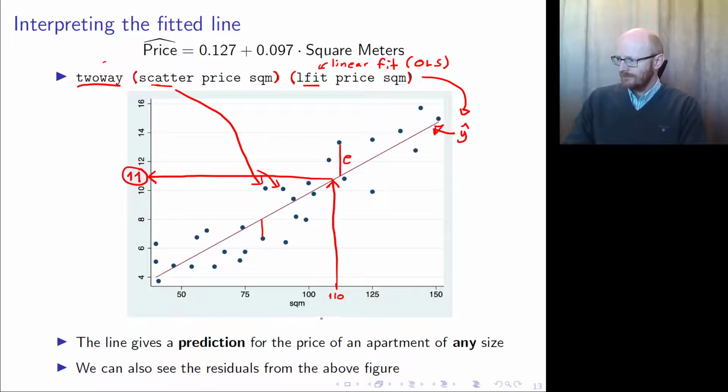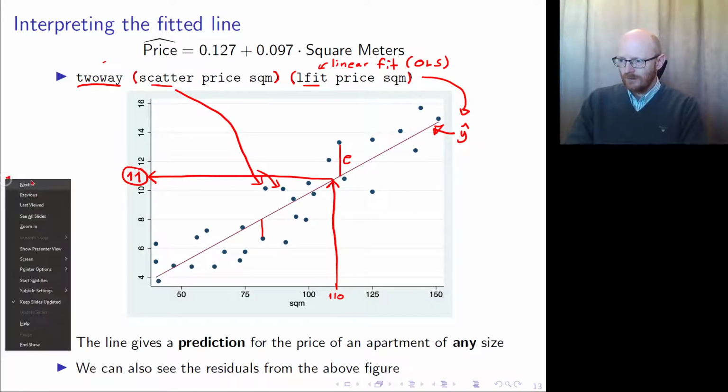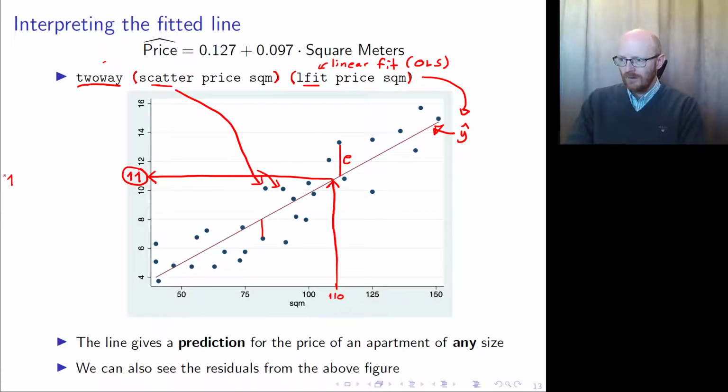For example, let's see, y hat would be 0.124 times 0.911. No, that was not, that was the correlation.